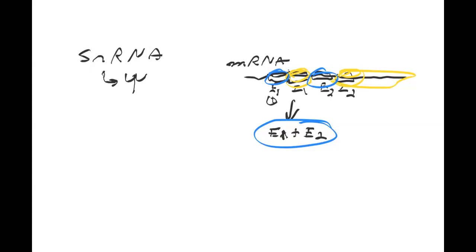Now, where the pseudouridine comes in is that I'm not really sure what the structure of this small nuclear RNA actually looks like. I think it looks something like this. It has kind of this feature.